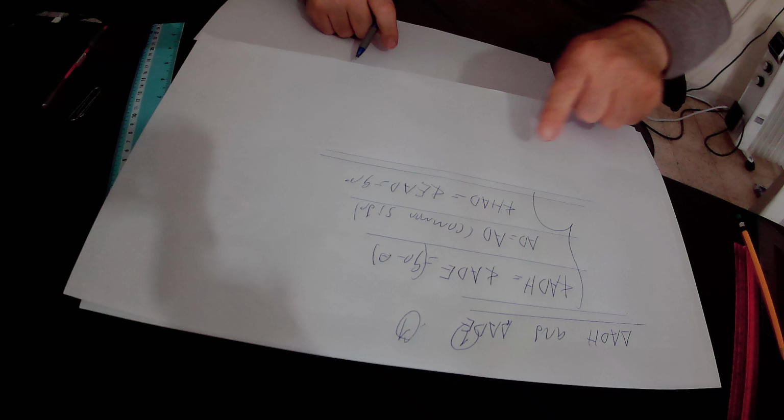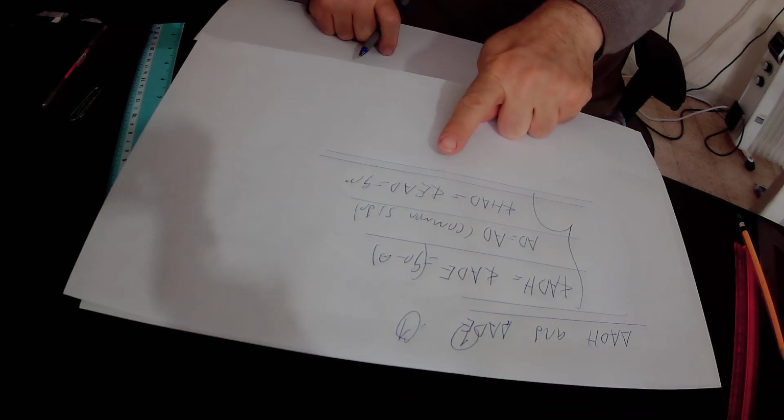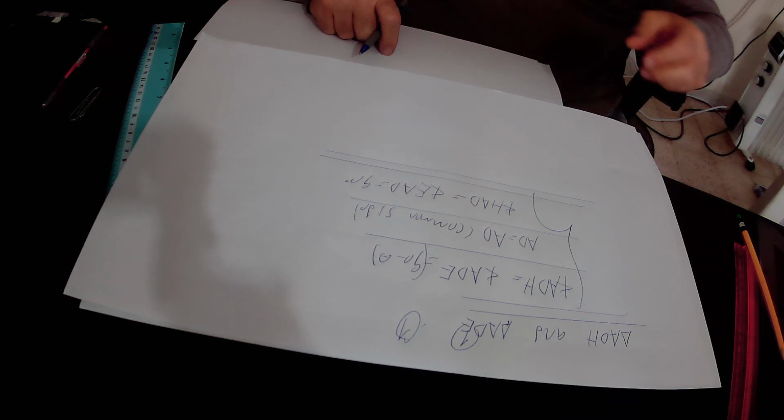Repeat again, angle HAD in the right triangle ADH equals angle EAD in the right triangle ADE. They are both equal to 90 degrees, therefore they are equal to each other.